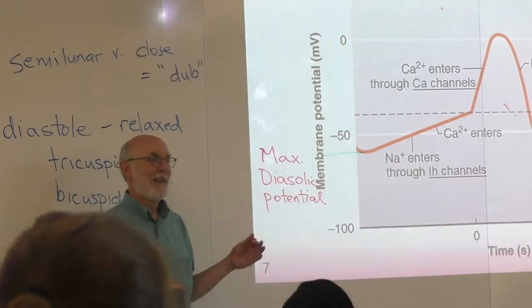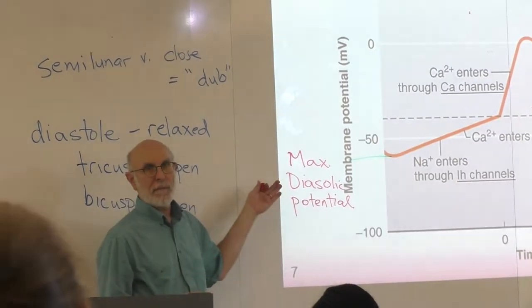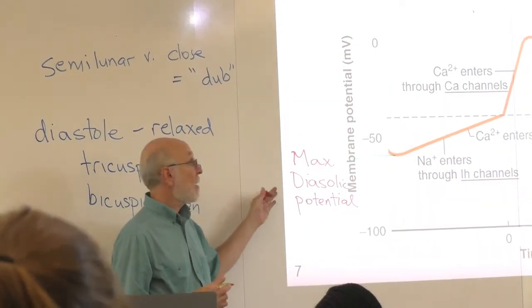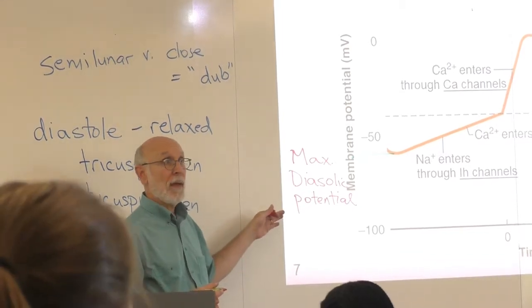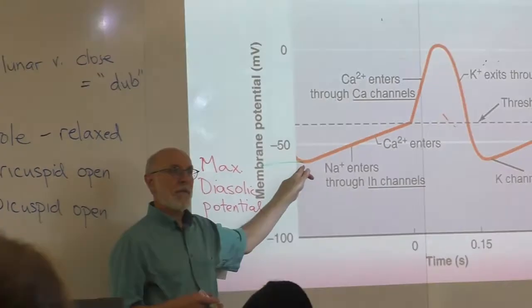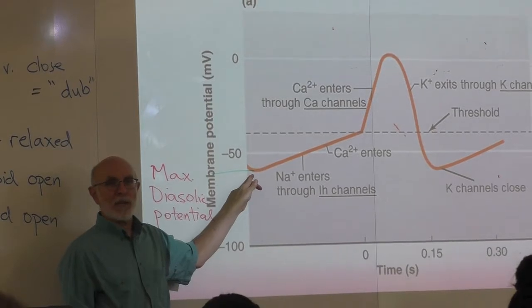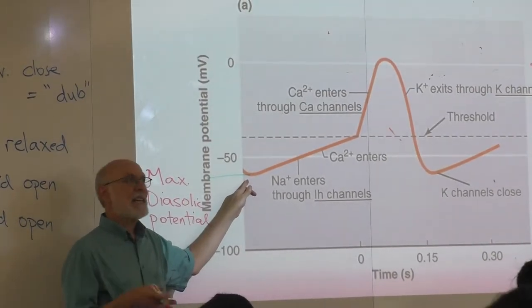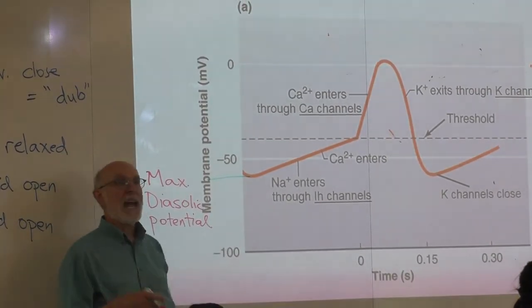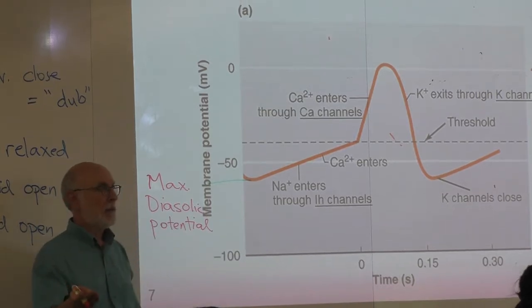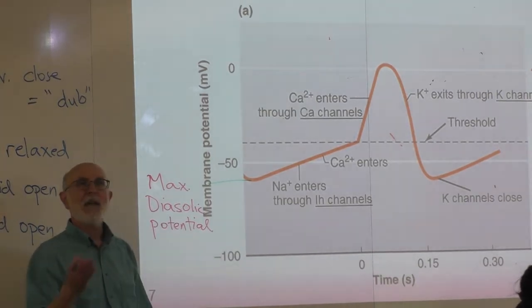Maximum, the most negative, diastolic because it's at rest potential. And it's negative for the same reason that the resting membrane potential is negative: potassium channels. Potassium flowing out, making the inside of the cell negative.